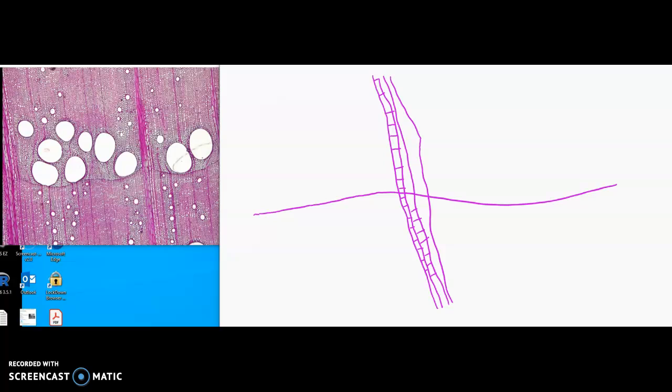But the parenchyma would be connecting those other ground tissue cells, the pith and the cortex.